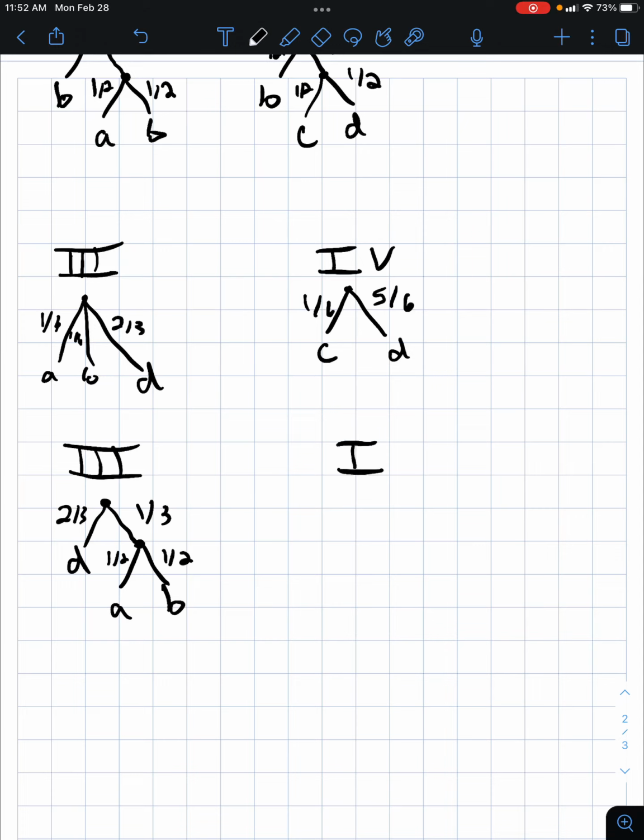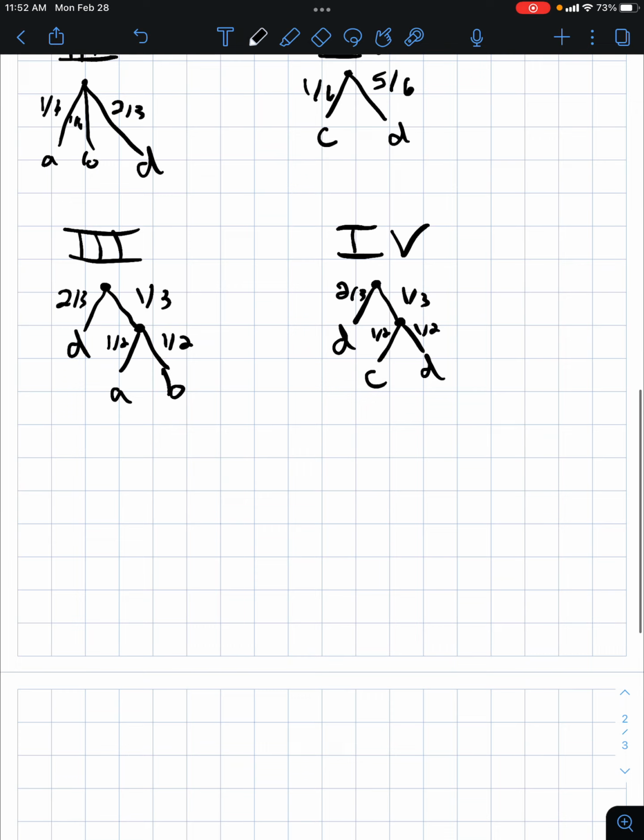Now for 4, this needs to be the same. So we do 2/3 for D, 1/3, then 1/2, 1/2, C, D. And we can see that 2/3 plus 1/3 times 1/2, which is 1/6, so we get 2/3 plus 1/6.